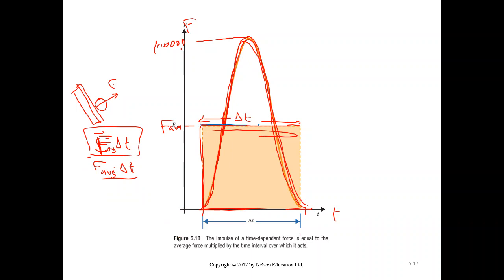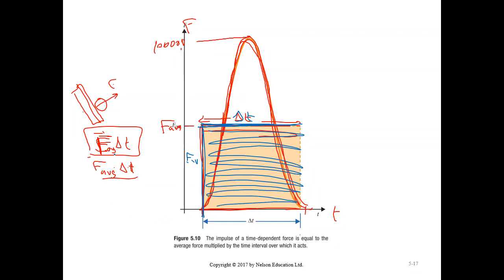I will use the blue line for the average force, and this is delta t. So what we calculate with the average force multiplied by delta t is simply the area under this average force on the graph. You understand that? Because this vertical height is the average force and the horizontal width is the time. So the impulse will be this area.